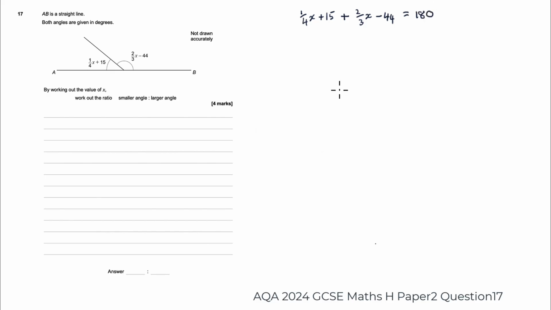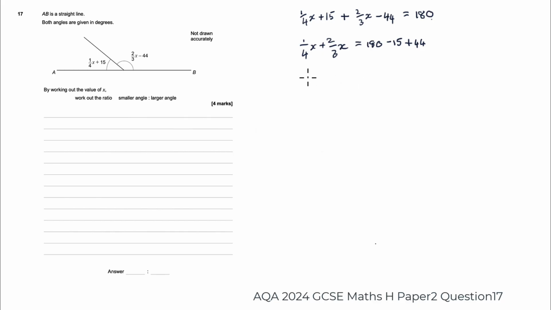Now first of all, we're in an equation, so I'm going to work out these constant numbers. I'll leave the quarter x and the 2/3 x added just now, but I'm going to take 15 away from both sides, so that'll disappear, and I'll have to take 15 away from the right hand side. I'm going to add 44 to both sides, that'll get rid of this, and it'll appear as a plus 44 over here.